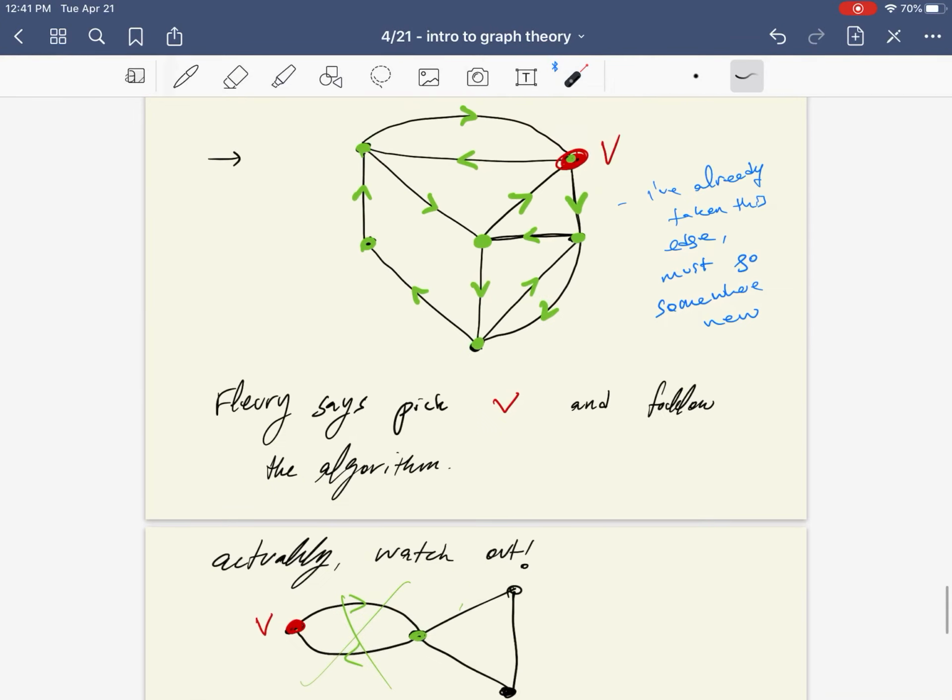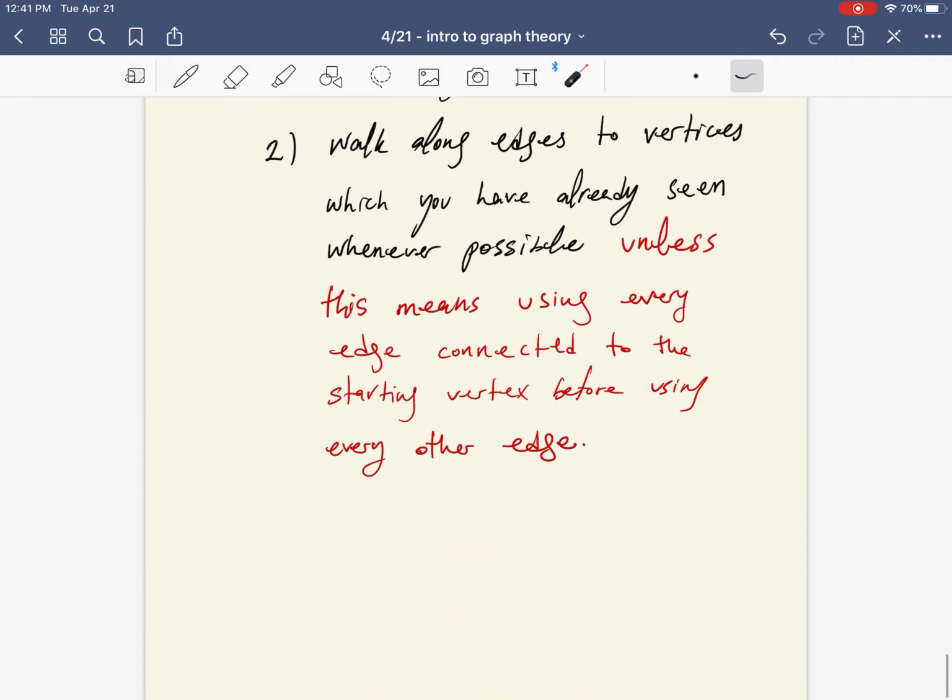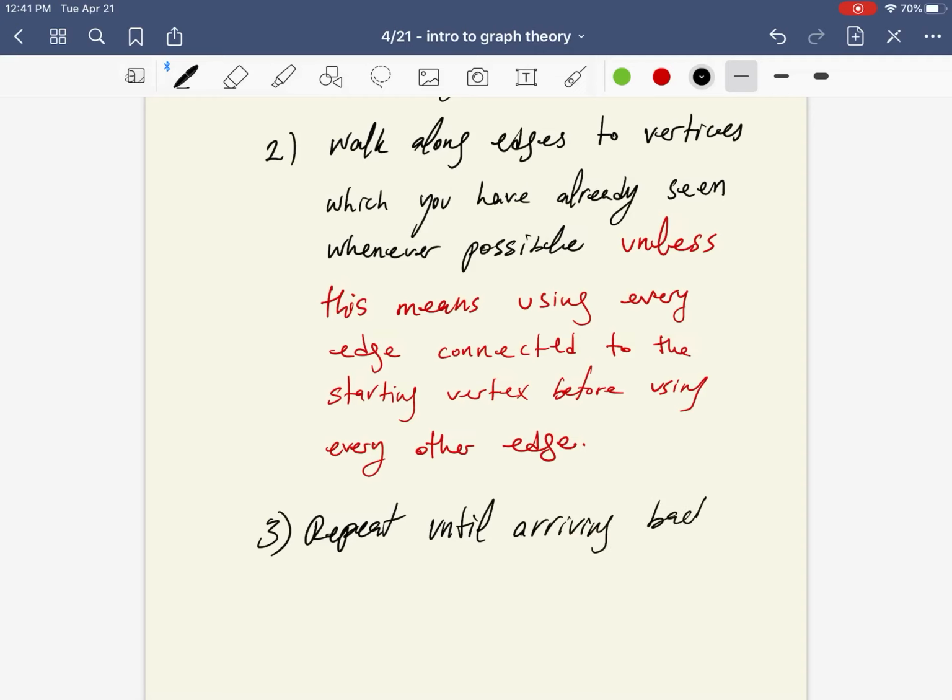Okay, and then the rest of it will be the same. So repeat until arriving back at the start once all other edges have been used.